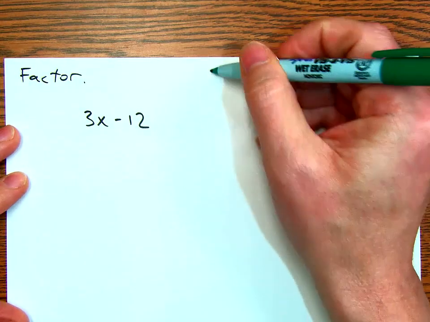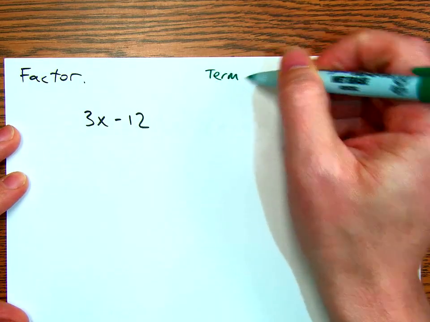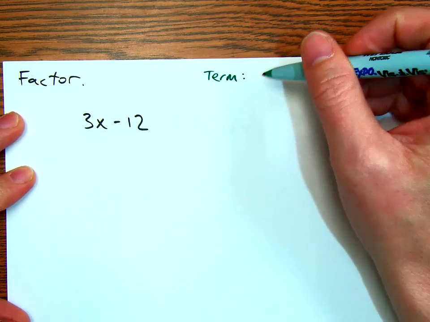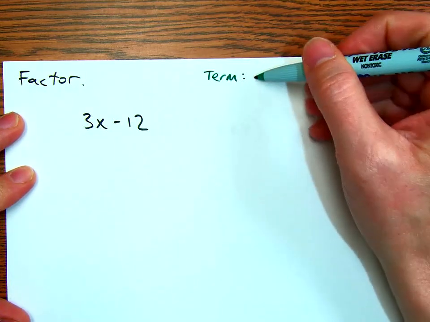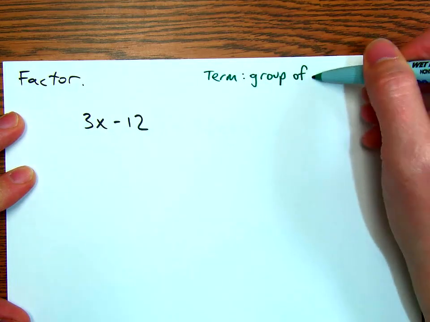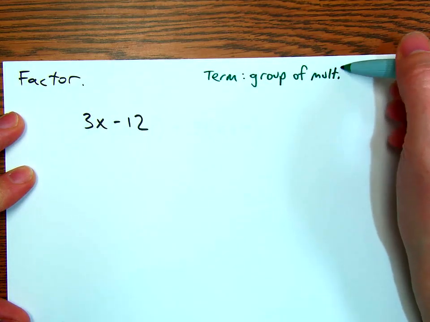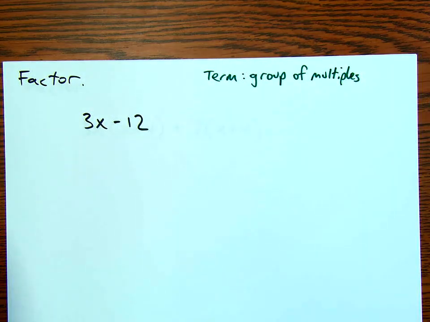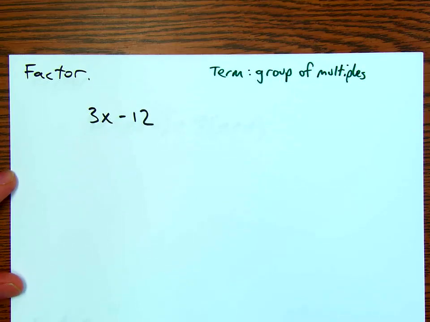So keep in mind that a term, as I'll keep mentioning it, the best way you can think about a term is it's a group of multiples. Now, that's not the technical definition, but it's a good way to think about what we see versus what we're looking at in terms of what we want to factor.